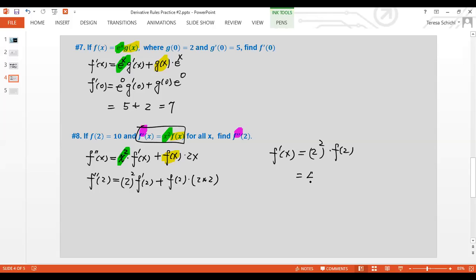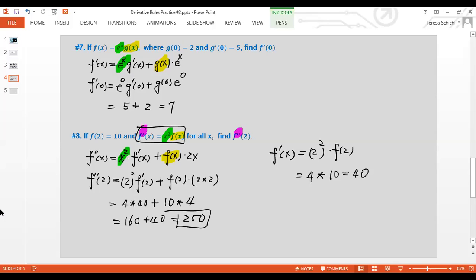So this will be 4, and f of 2 is 10, so it's 40. So I have 4 times 40 plus f of 2, which is 10, times 4. So it's 160 plus 40, which is 200. Yeah, that's the correct answer.